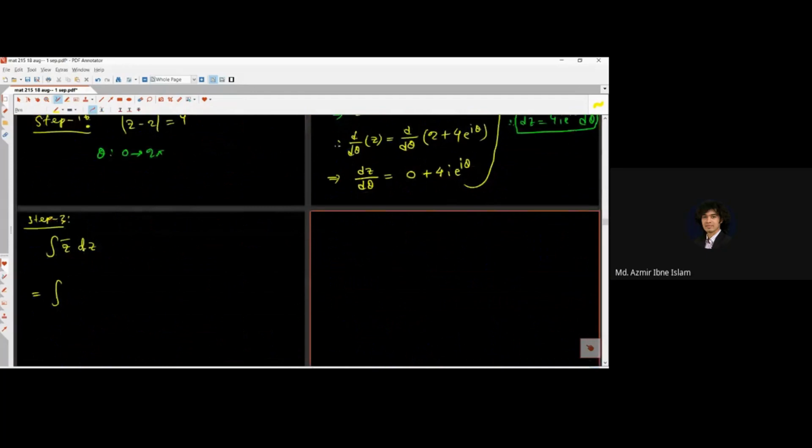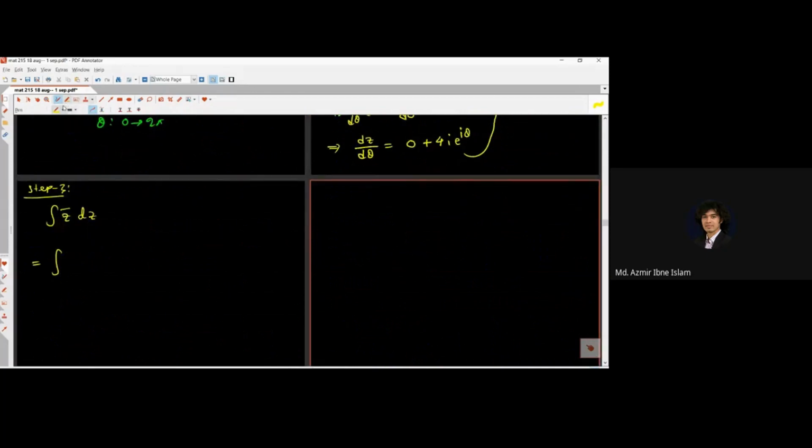Now try to understand, if z equals r e to the power i theta, then its conjugate z bar will be r e to the power negative i theta, right? This is in polar form. In rectangular form, z equals x plus yi, its conjugate z bar will be x negative yi. Is that okay?